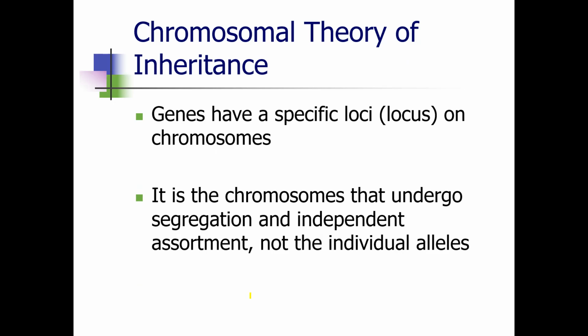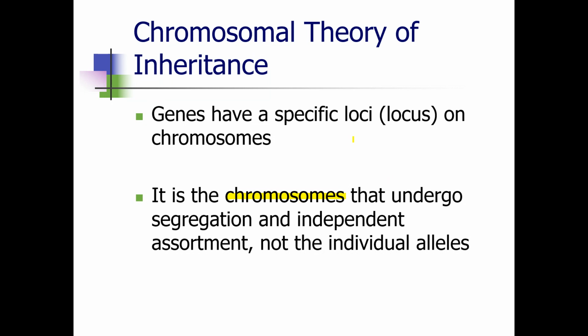And so when it comes to inheritance and recombination, we mentioned under Mendel's laws, the law of independent assortment, that each trait is inherited independently of each other. That's not necessarily true. Like I told you before, Mendel got lucky with his pea plants, but technically it's the chromosomes that are independently inherited, not each individual gene, okay?